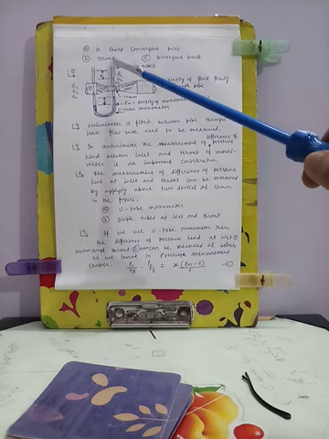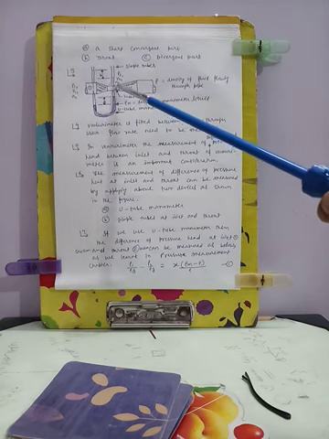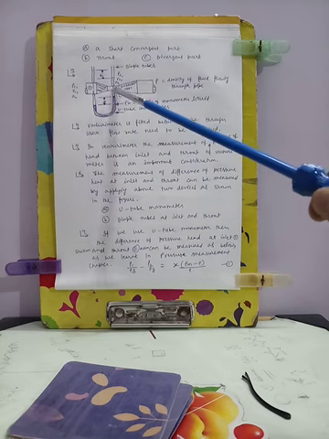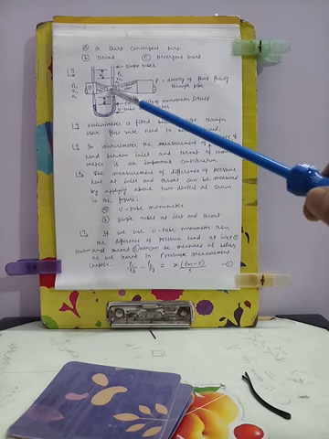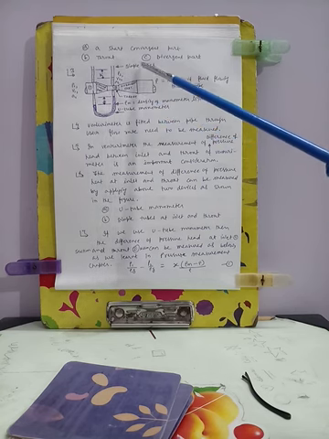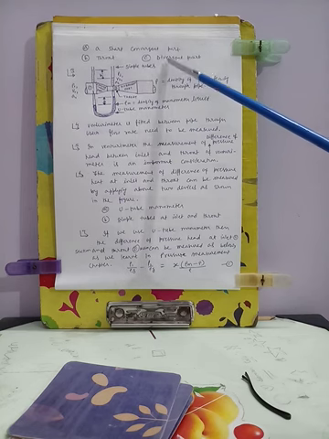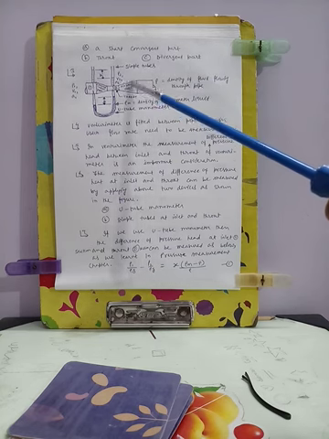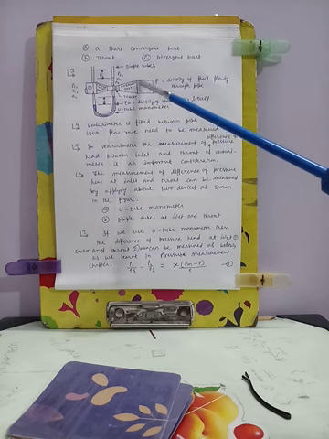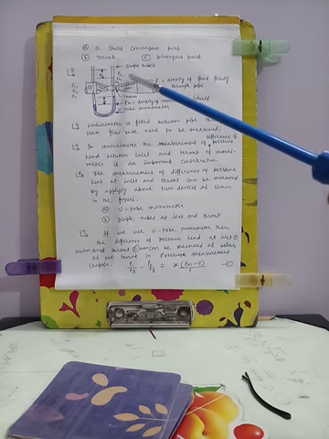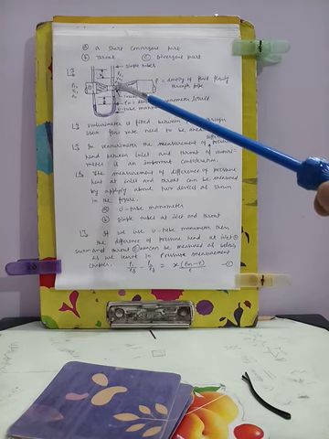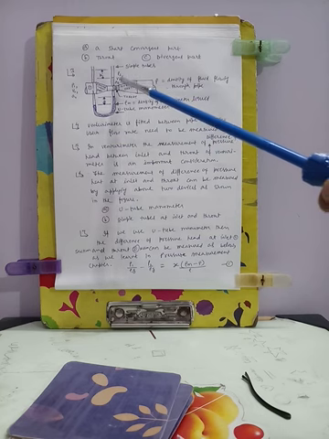Part number two is the throat. This part is called the throat. This is the cylindrical part. And part number three is the divergent part. The angle is diverging here. The shape of the cone is increasing here.